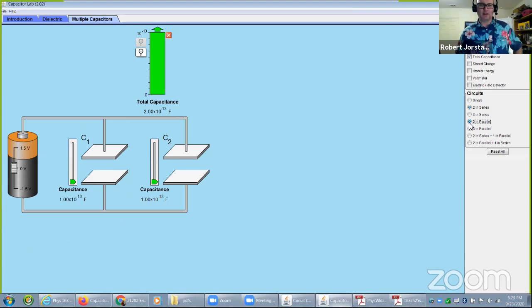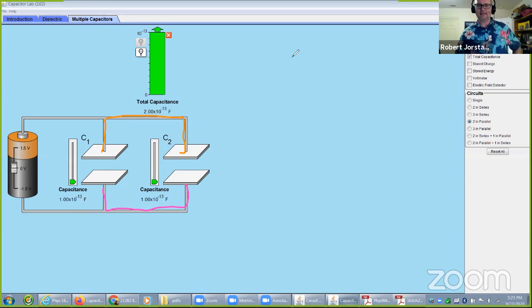Let's look at them in parallel now. You can almost imagine taking this piece of wire and making it really short, and this wire down here, making it really short too.